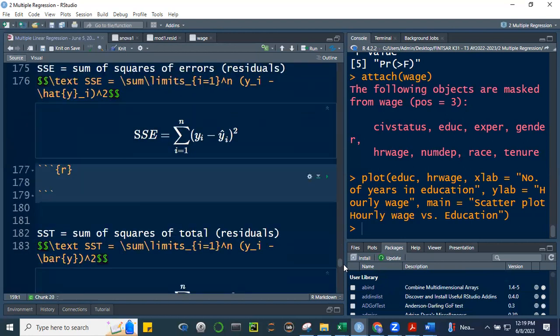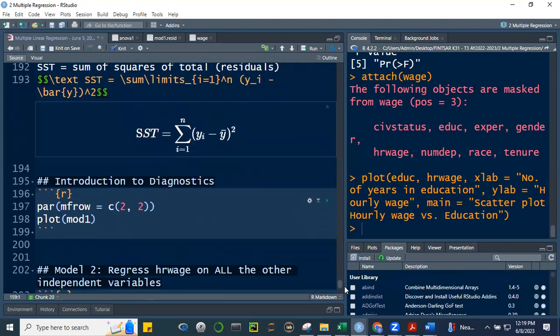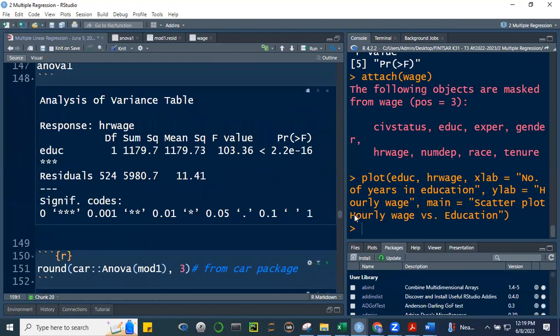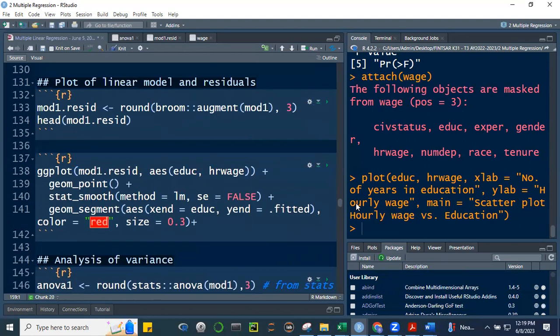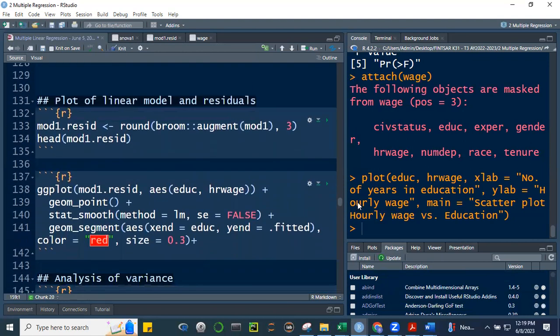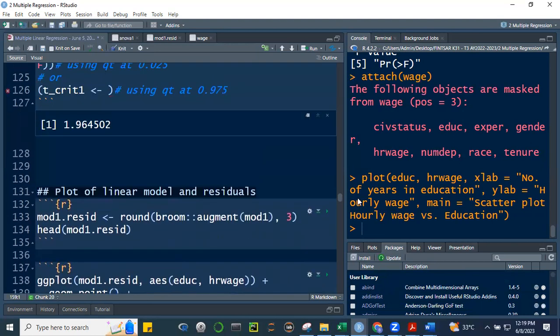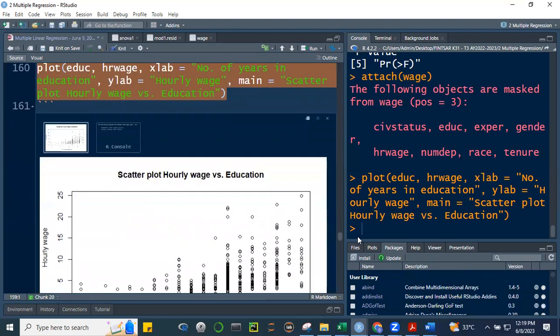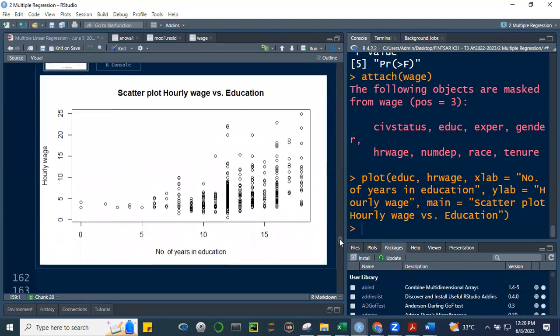Bilis. Hindi pa tayo nakaka-SSR, SSE. Okay. Okay, clear so far, class? Paki-chat naman para alam ko kung tutuloy na ako. May I continue now? Were you able to get this? Feedback, please, class.